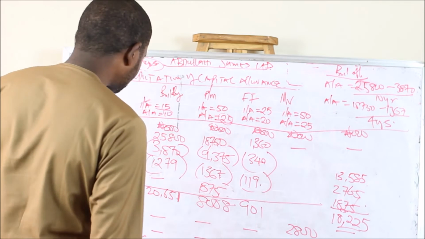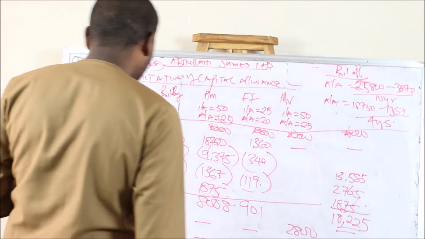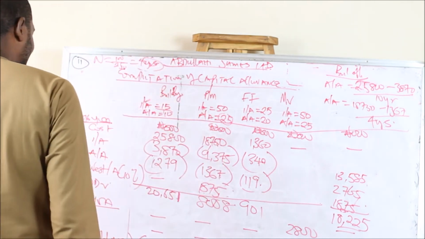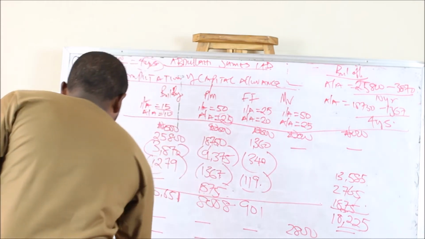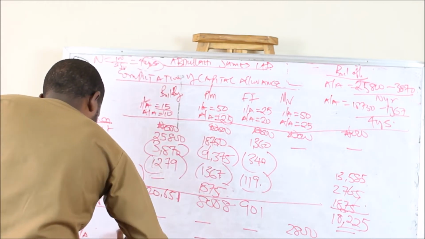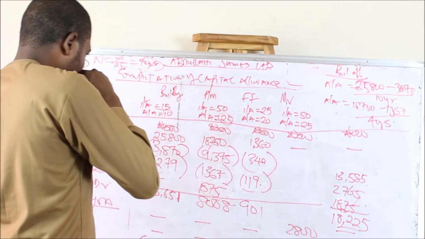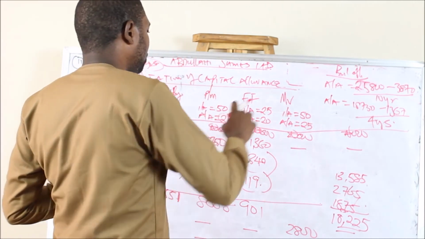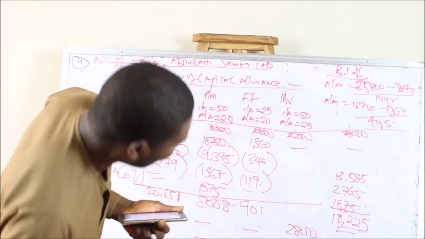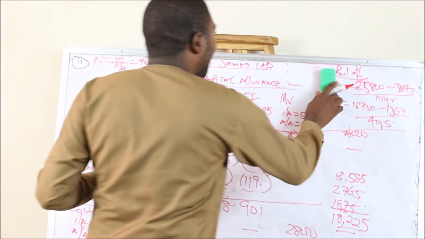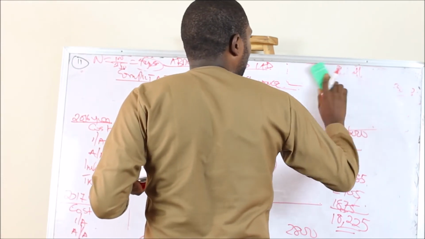Then now, let me just remove this old asset first. The annual allowance for the motor vehicle. Remember, this is the first time we are calculating annual allowance on the motor vehicle. So what are you going to do now?